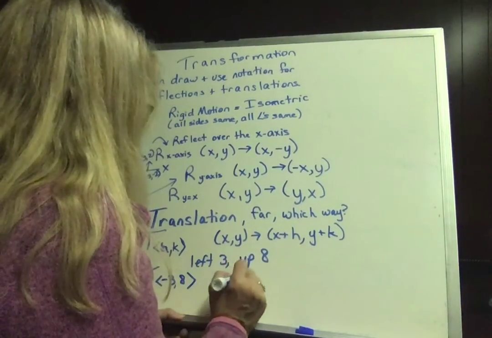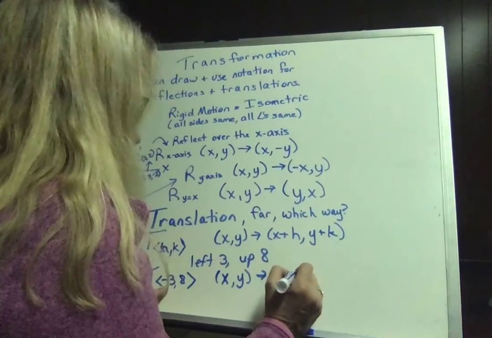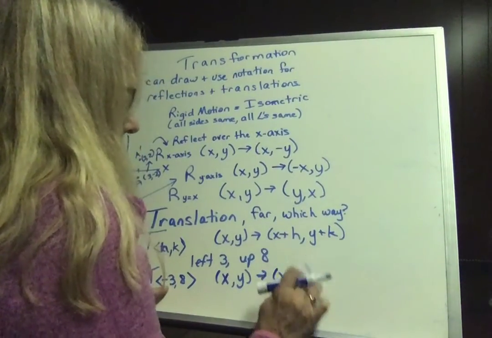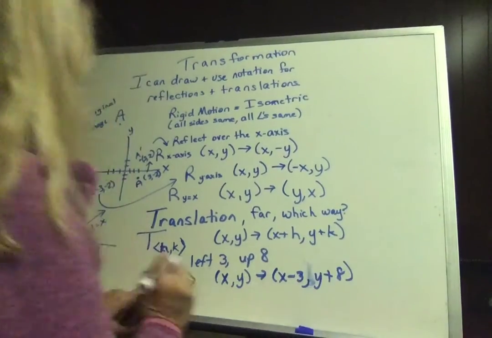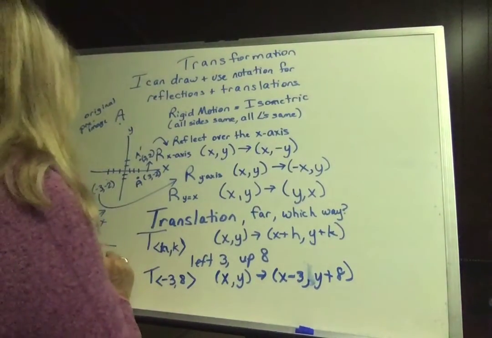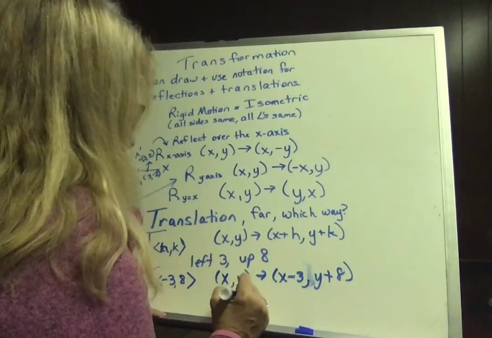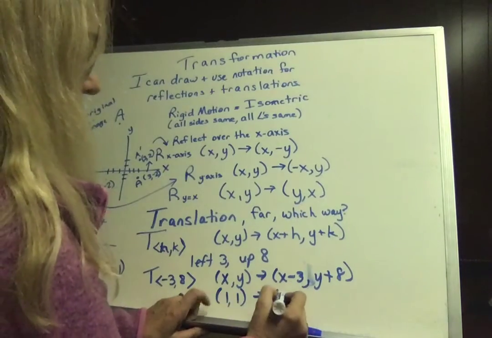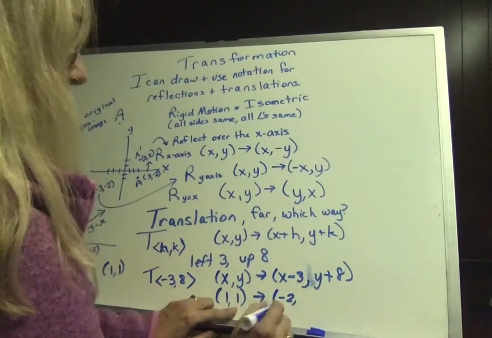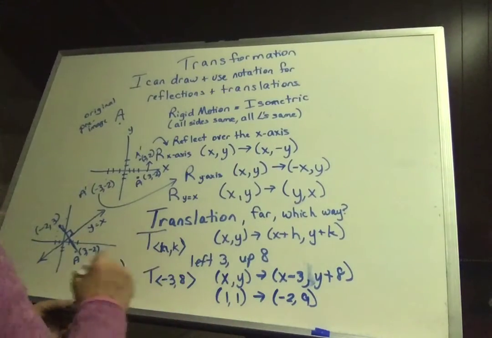So the x, y would move x minus 3, y plus 8. So for example, if we started at 1, 1, then 1 minus 3 is negative 2. 1 plus 8 is 9.